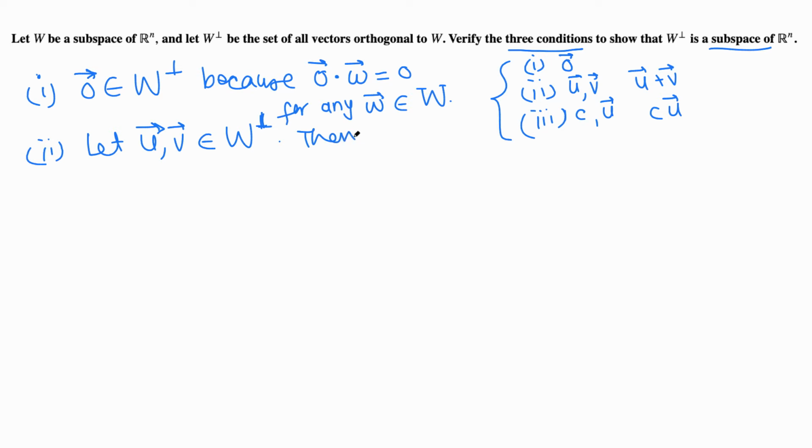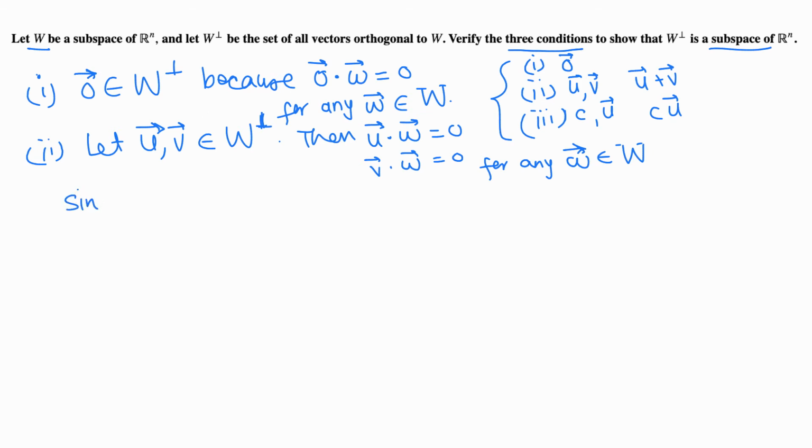So by definition of W perp, if we multiply u with w, because w is coming from W, u is coming from W perp, this product must be 0. Product means inner product. And v dot w is also 0 for all vectors w in W, because these u and v are coming from W perp. Now we need to show u plus v is also in W perp.